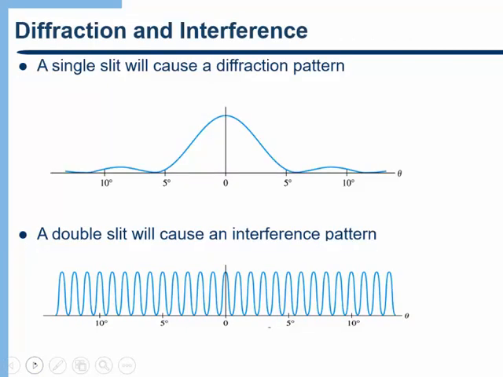So now that we know that we get diffraction anytime we have one or more slits, and we get interference anytime we have two or more slits, let's look more carefully at what we really see when we put light through two openings. So if we put light just through a single opening, this would be the intensity pattern.